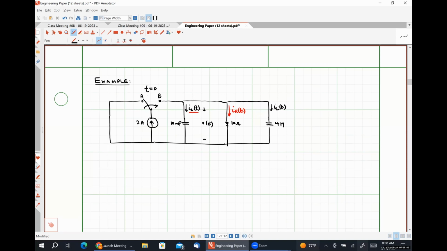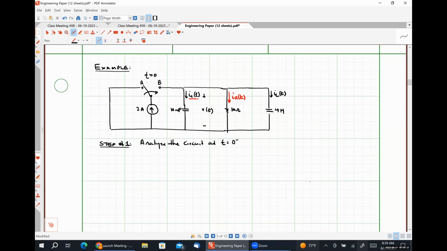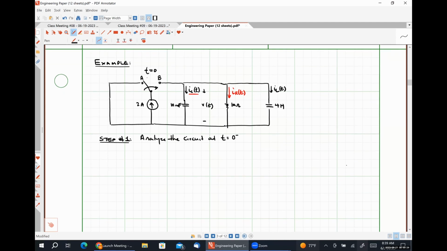So our first step will be to analyze the circuit at t is equal to 0 minus. So this is the instant in time before our switch changed states.